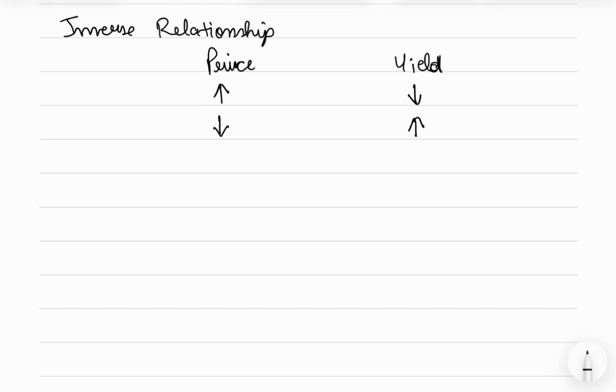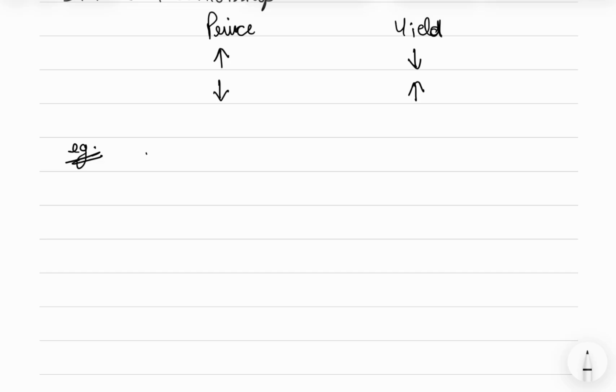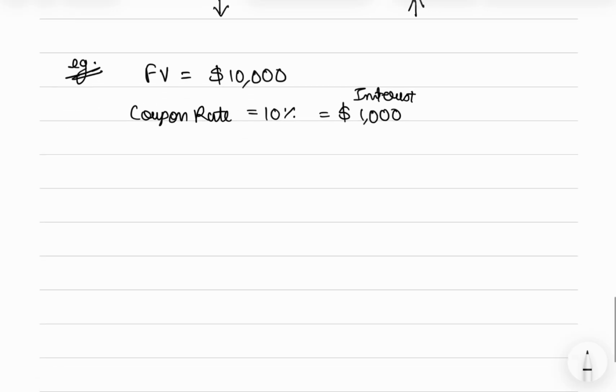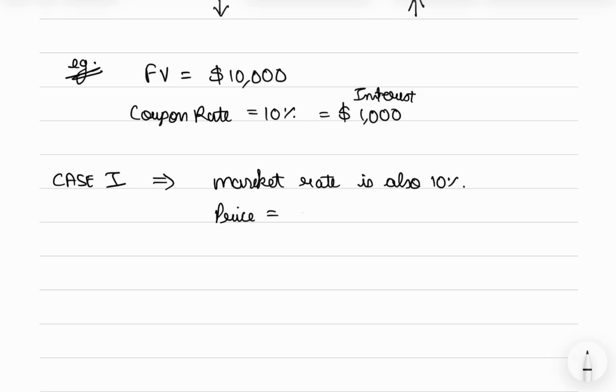Let's take an example. Suppose the face value is $10,000 and the coupon rate of a bond is 10%. So we are getting 1,000 as interest every year. Now case 1: if the market rate is also 10%, then the price will stay at 10,000.